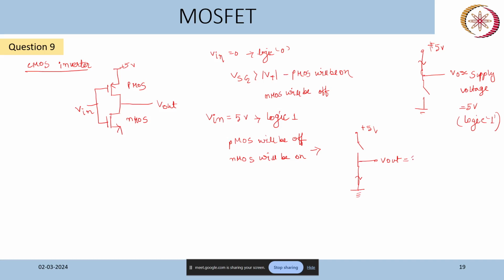So it is 0 volt. That means it is logic 0. Okay, so what will be the truth table? V in and V out. If it is 0, then the output is 1. If it is 1, then it is 0. So this is the truth table for an inverter.